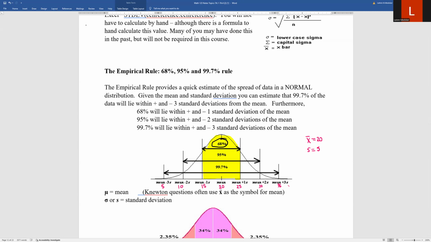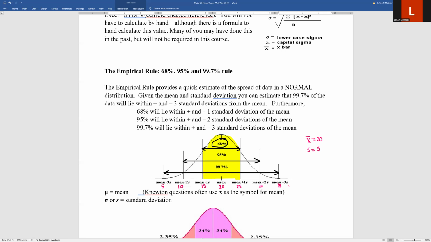Okay, because those are the values that mark the mean plus 1 standard deviation and the mean minus 1 standard deviation. If you go another standard deviation on each side, so now we're going down to 10 and all the way up to 30, if we shaded from that line to that line, that would be about 95% of the data in your list.